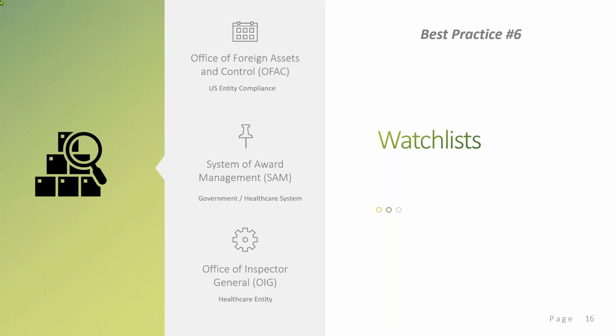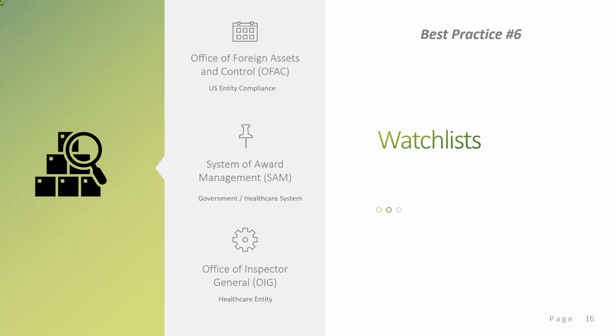The next one is System for Award Management. So governments and federal healthcare systems are prohibited from awarding contracts to contractor entities that are on this exclusion list. And the Office of Inspector General, OIG, has the authority to exclude individuals and entities from federally funded healthcare programs.